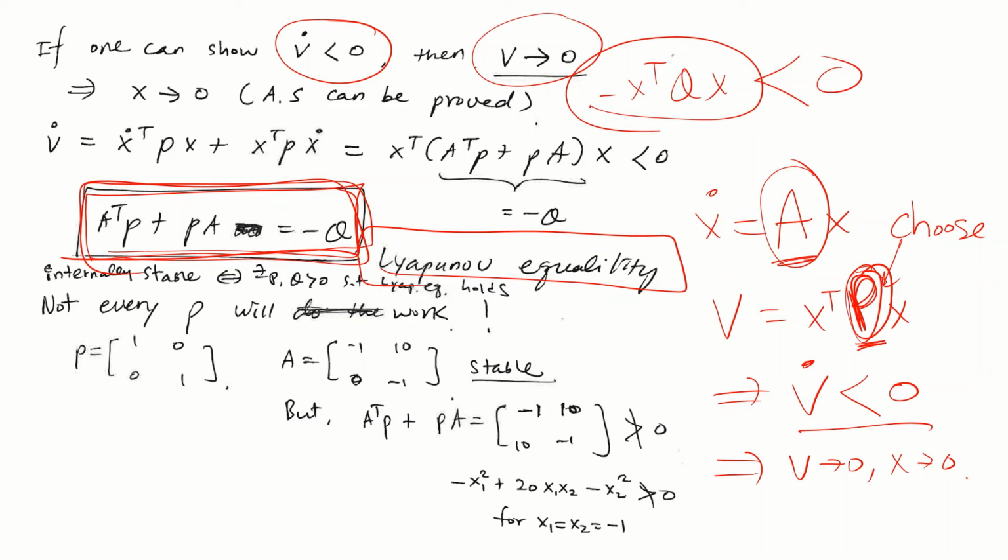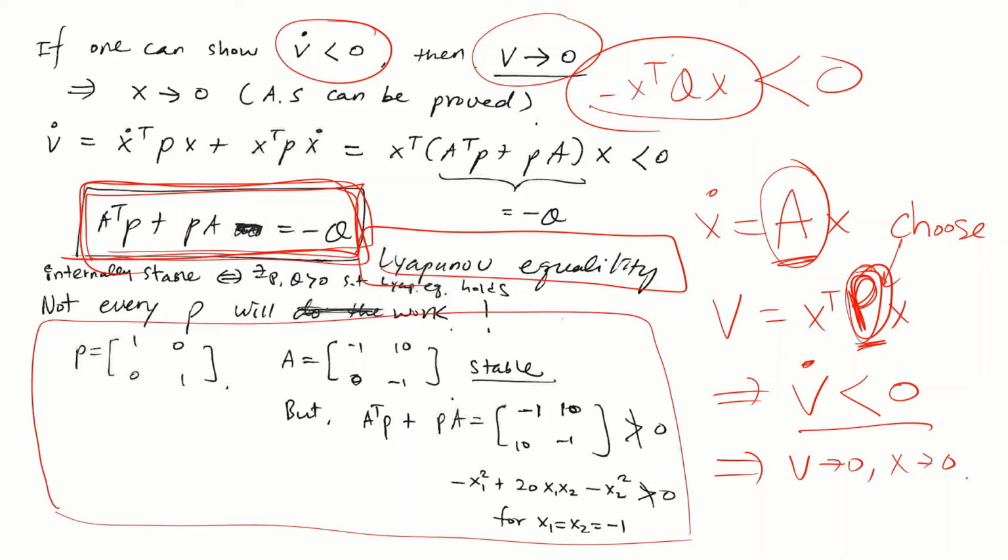Now this example gives you some idea that not every P will show you this, even though A is okay. Like eigenvalues of A are all in LHP, and we know this guy will be internally stable.